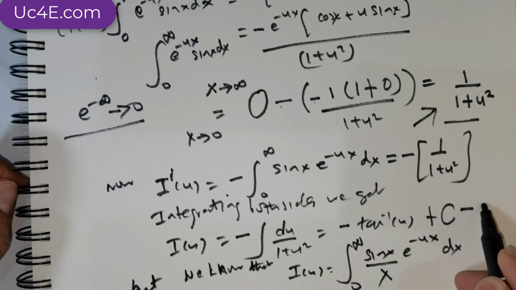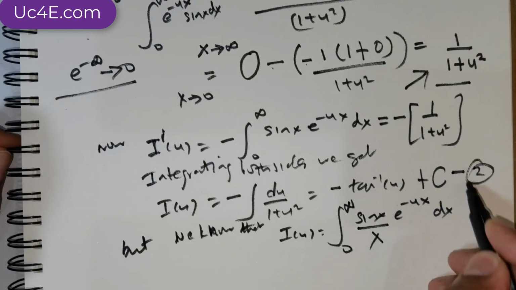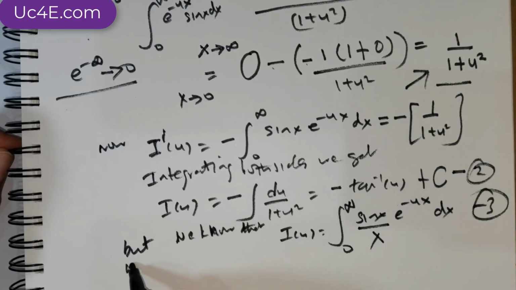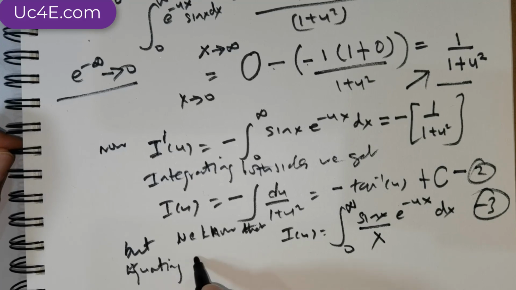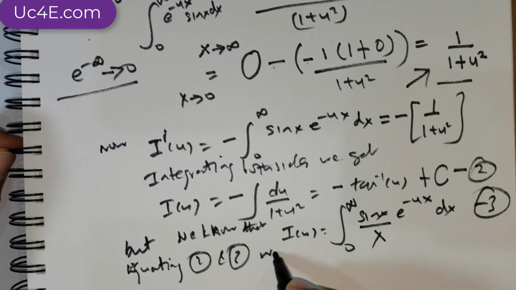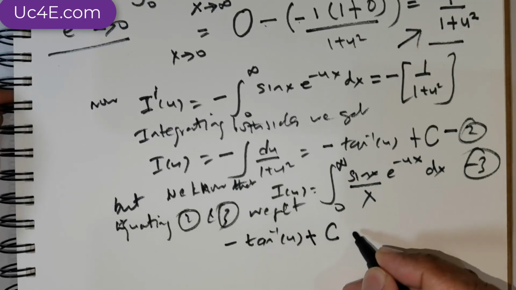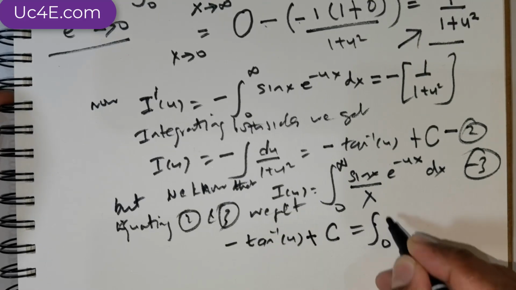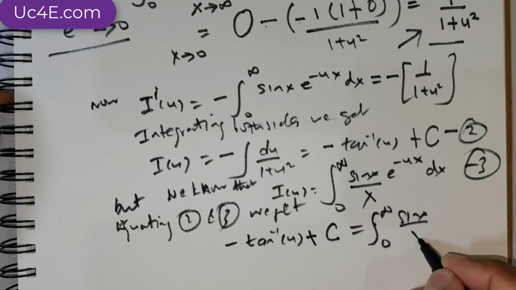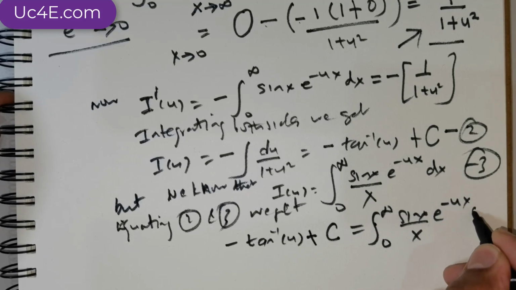If I take this as 2 and this as 3, equating 2 and 3, what do we get? This is going to be negative tan inverse of u plus c is equal to integral 0 to infinity sin x over x e raised to the power of negative ux dx.